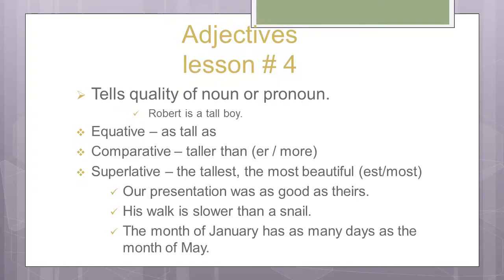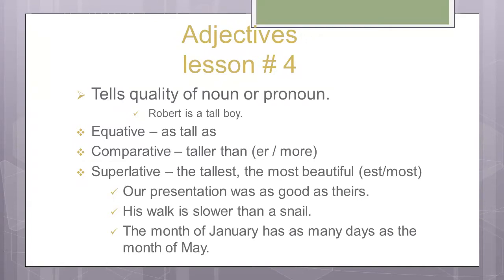For example, tall is monosyllabic. So the superlative adjective for tall is the tallest. Whereas the adjective beautiful has more than one syllable. There are 3 syllables in beautiful, so we use most before adjective beautiful to make it superlative adjective.